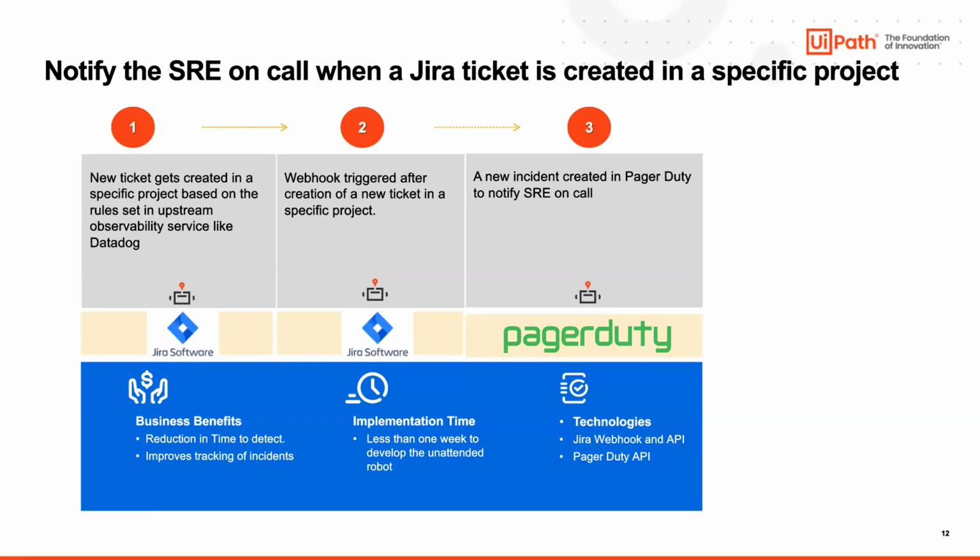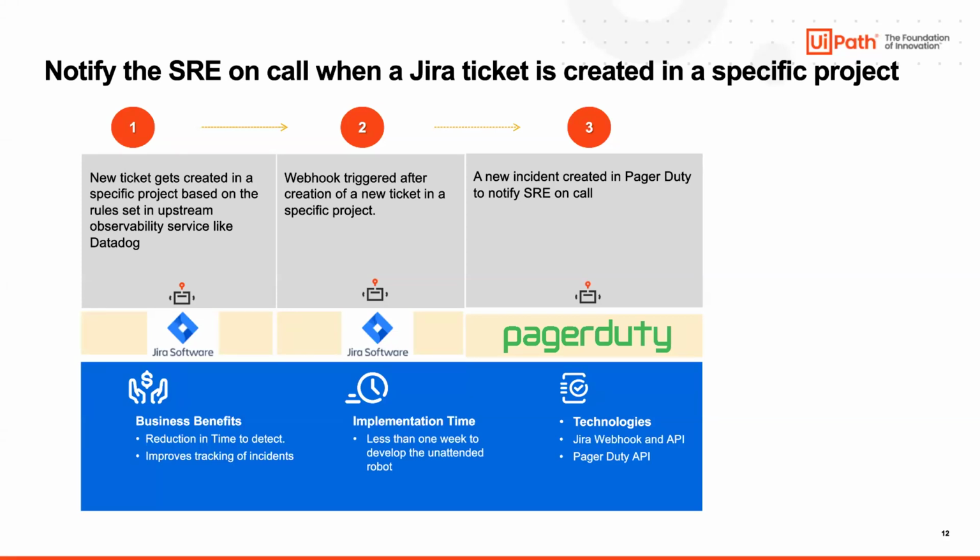Now, the first use case that I'm trying to showcase today is notifying the SRE on call when there is a certain ticket. There is a ticket created in Jira in a specific project.